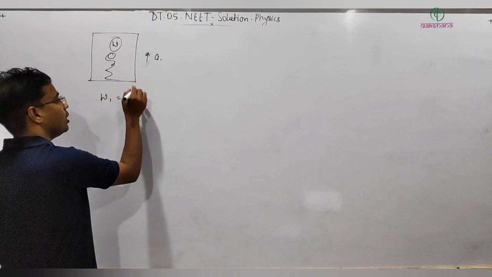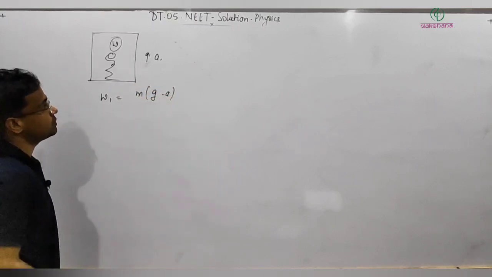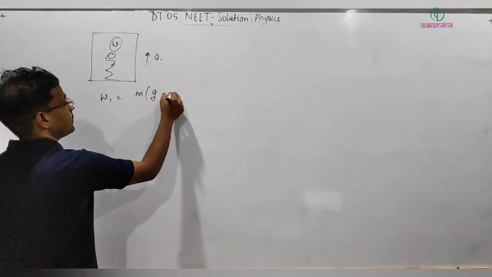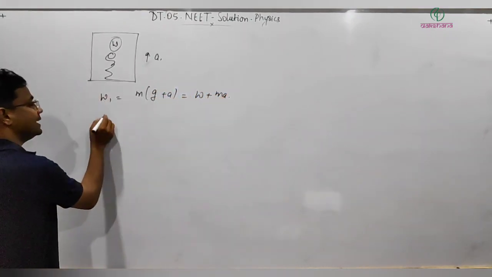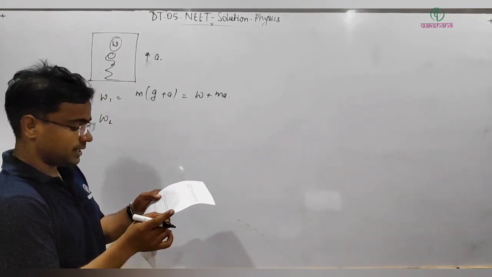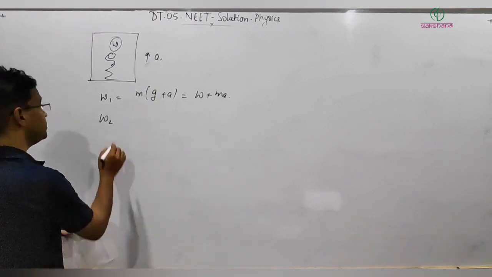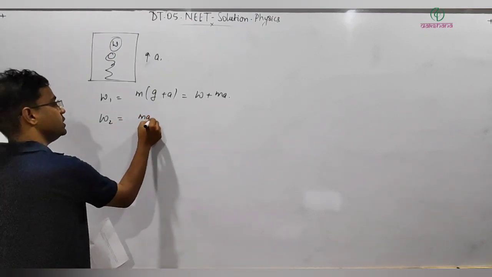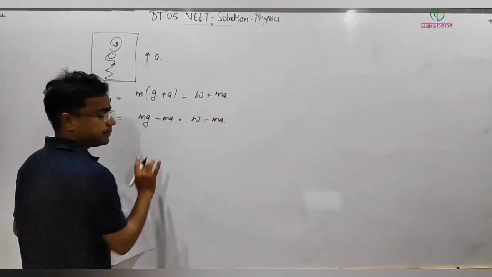W1 is equal to m into g effective, that is g plus a, or you can write W true plus ma. Next case, when the lift moves down with the same acceleration, W2, so that means it will be mg minus ma, that means W minus ma.